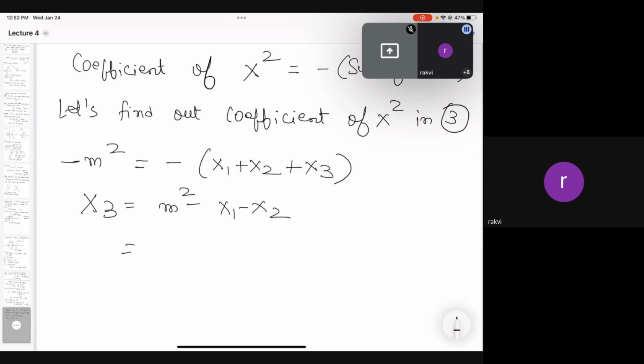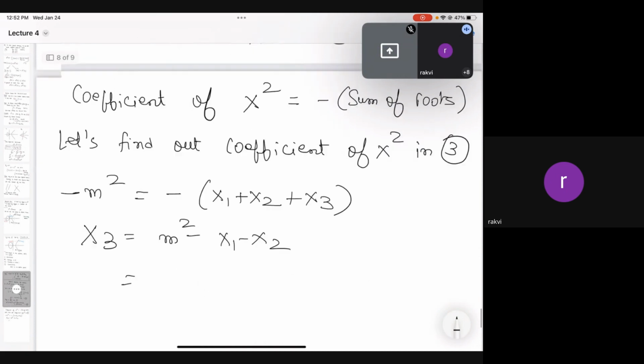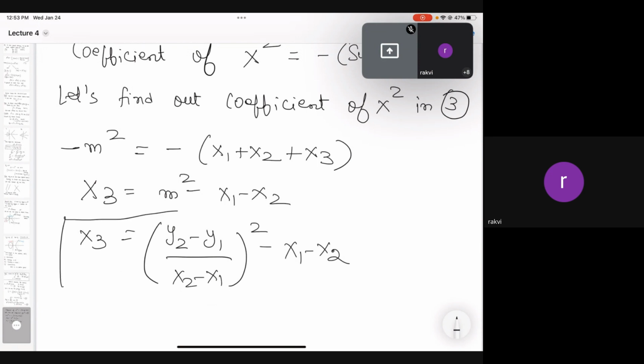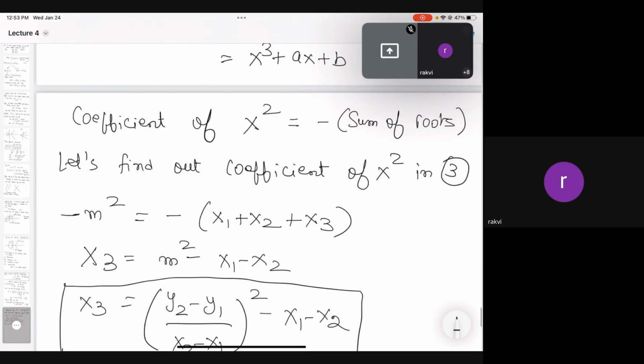And our m was nothing but the slope. So this is y2 minus y1 over x2 minus x1 square minus x1 minus x2. This is the x coordinate of my p plus q.